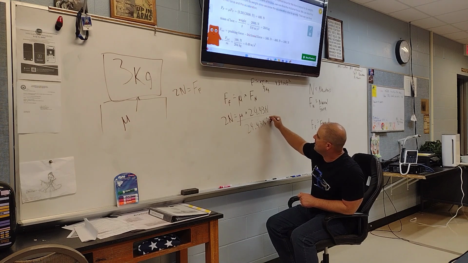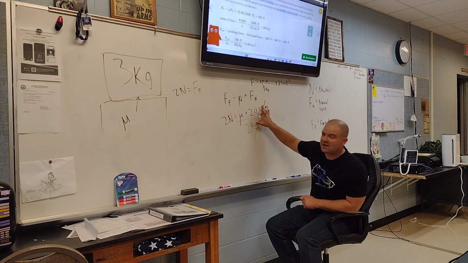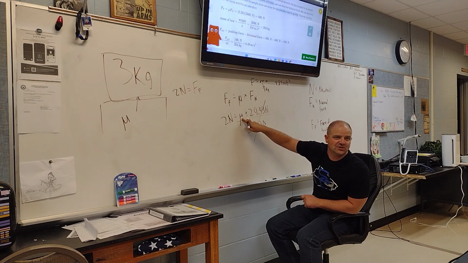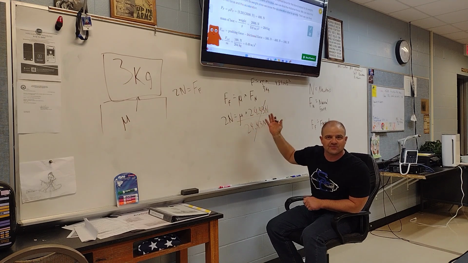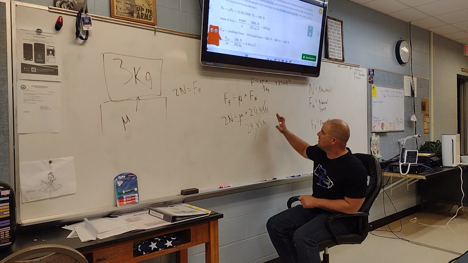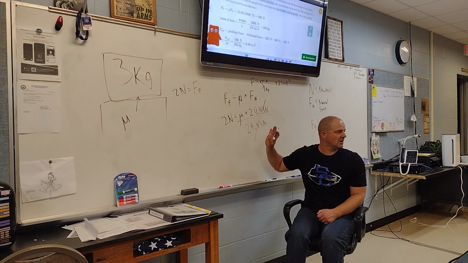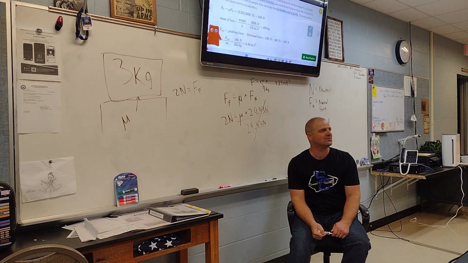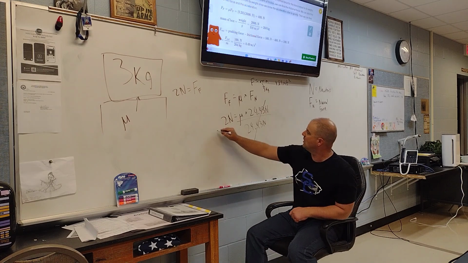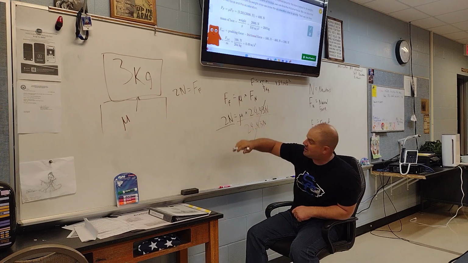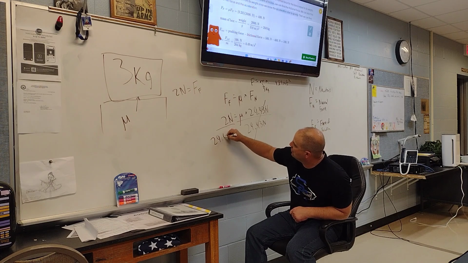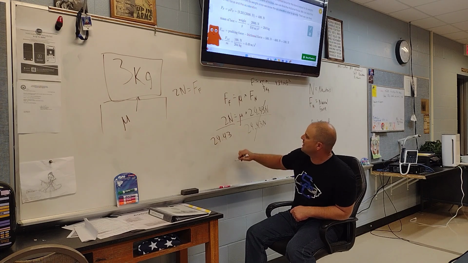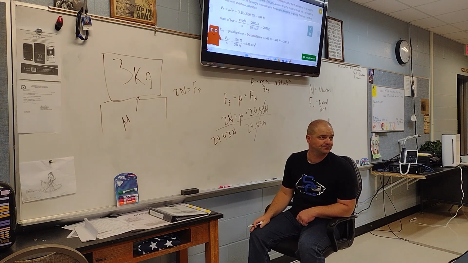Divide by 29.43 newtons, and then that just turns into a 1. Whatever this coefficient of friction is times 1 is just the coefficient of friction, which is what we're looking for. But can we just do that and say 2 newtons is the coefficient of friction? No, if we did it to one side, we got to do it to the other. Good. So what is 2 divided by 29.43?